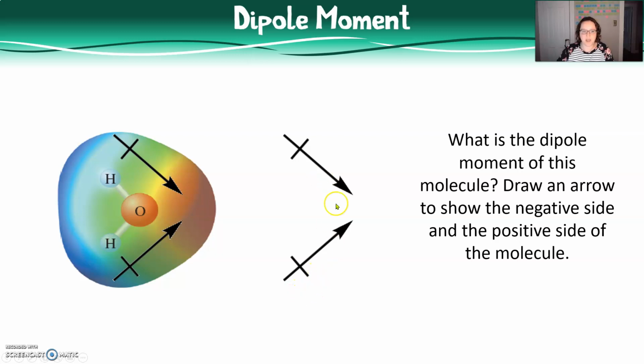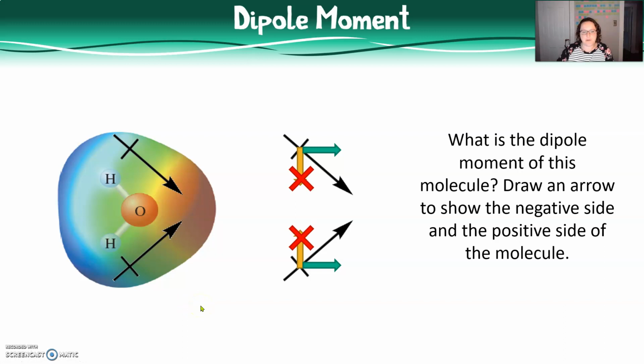So each bond dipole moment shown here has a vertical component, shown here in yellow, and a horizontal component, shown here in green. We know that the two yellow components are the same magnitude and the two green components are also the same magnitude because the two bond dipole moments are the same magnitude since they represent the same bond between oxygen and hydrogen, and because they are symmetrically oriented towards each other.